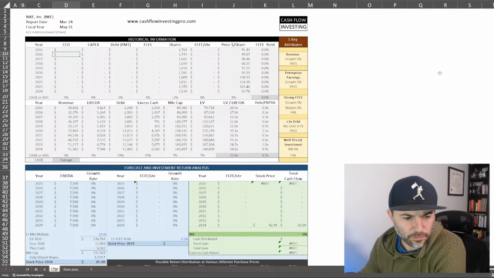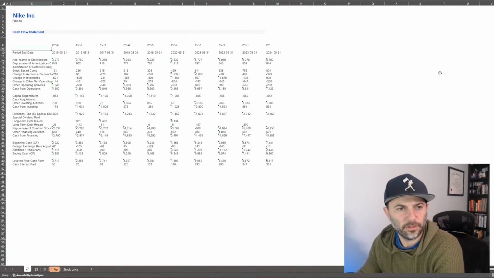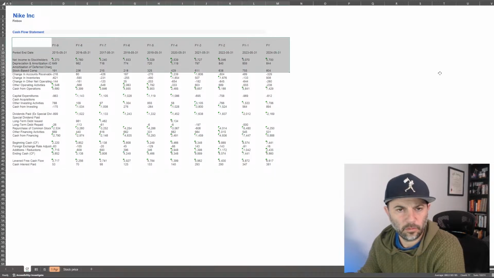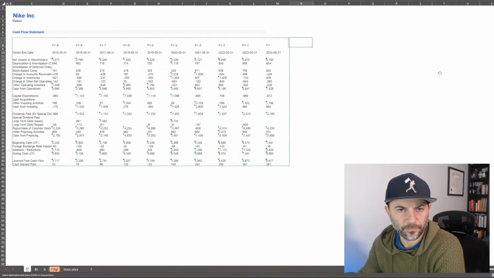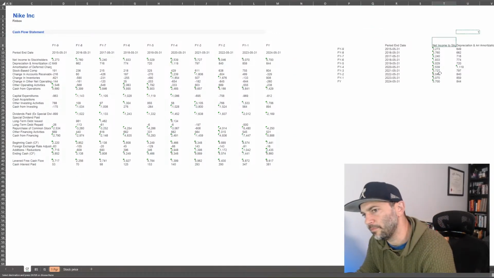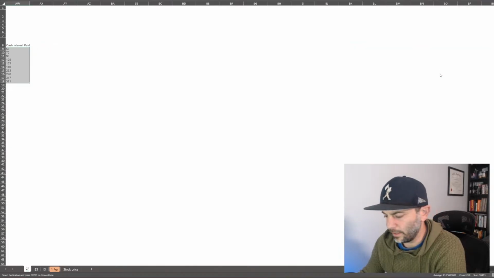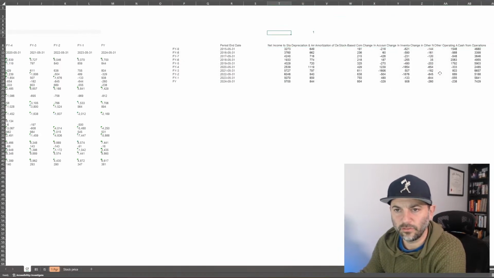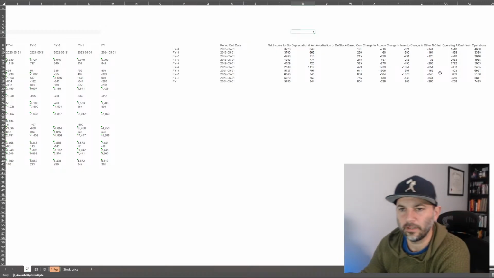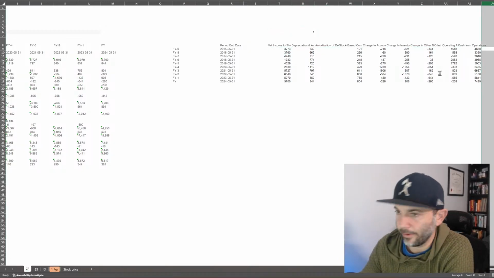Let's look at cash flow. So we'll take cash flow, kind of organize it the same way we do it. This is laid out with columns being the year. I want to revert this, just transpose it with the old Excel formula. All this data in Excel doesn't actually recognize it as numerical values because I'm pulling it from a website, so I just multiply by 1 and I get my numerical value.